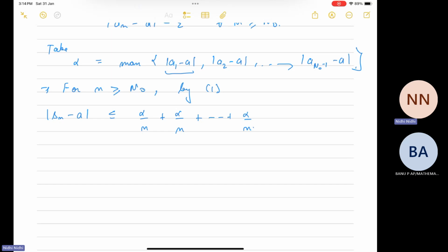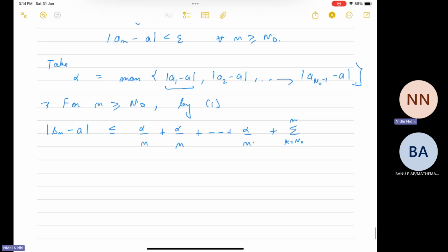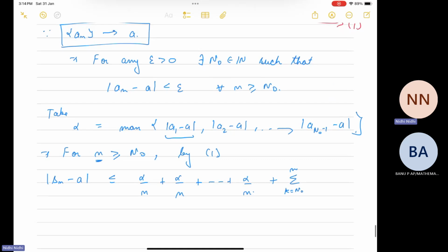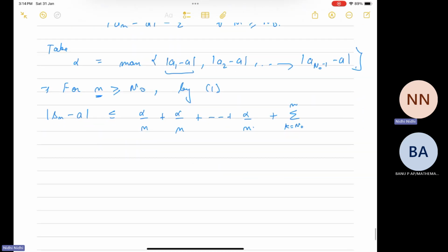These are the first n naught minus 1 terms, and after that we have summation k from n naught to small n, because we had this sum up till small n and small n is greater than n naught, so obviously we will be having some extra terms. So this is mod ak minus a upon n.